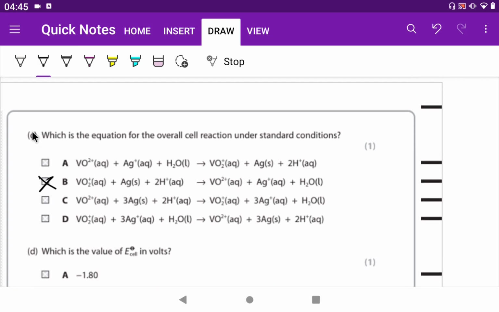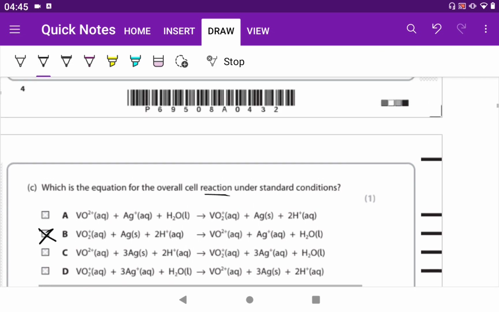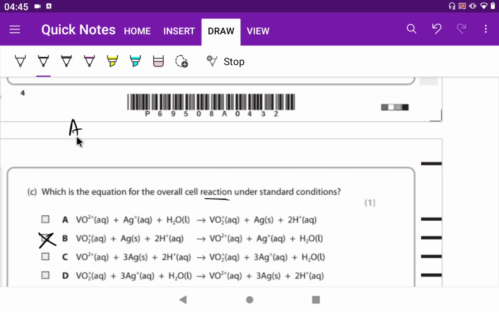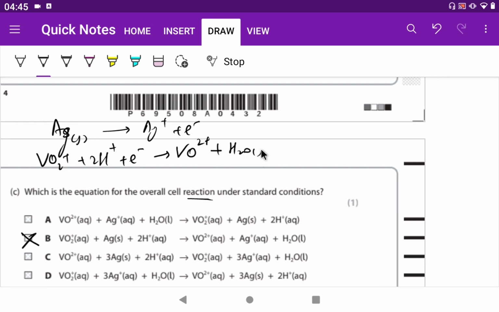Now C is, which is the equation for the overall cell reaction under standard conditions. As we know, Ag solid is converting into Ag plus and an electron, and VO2 plus, 2 hydrogen plus and 1 electron is converting into VO2 plus and water liquid.